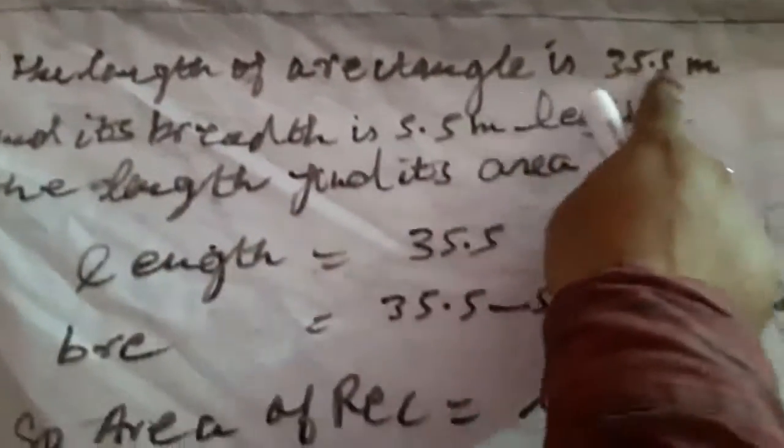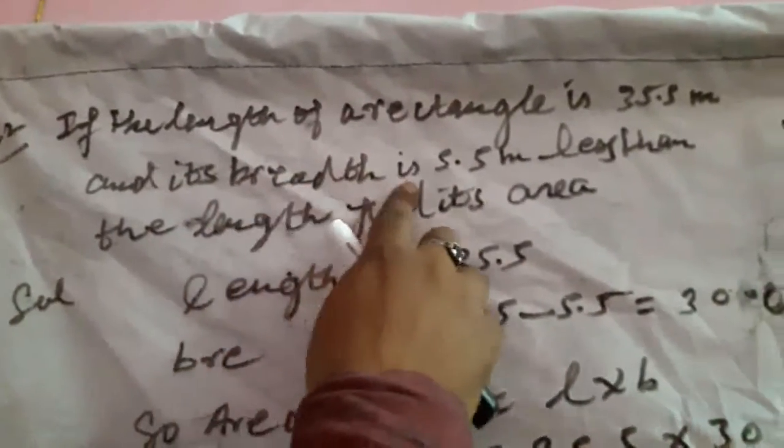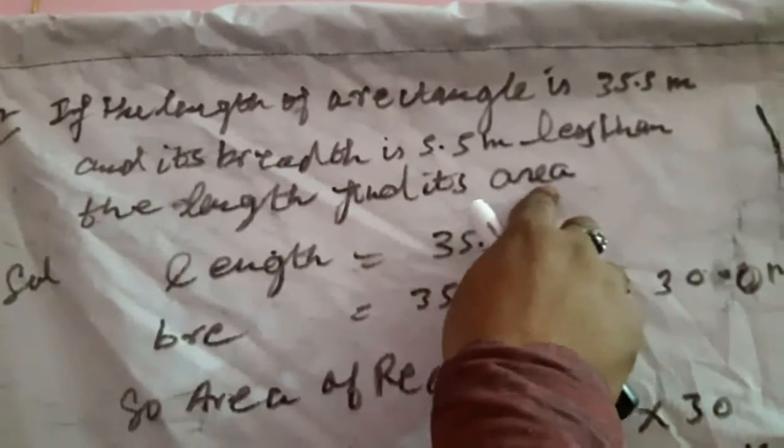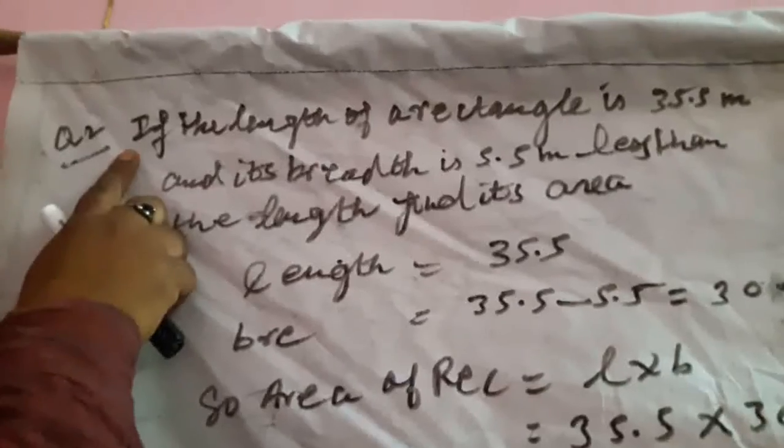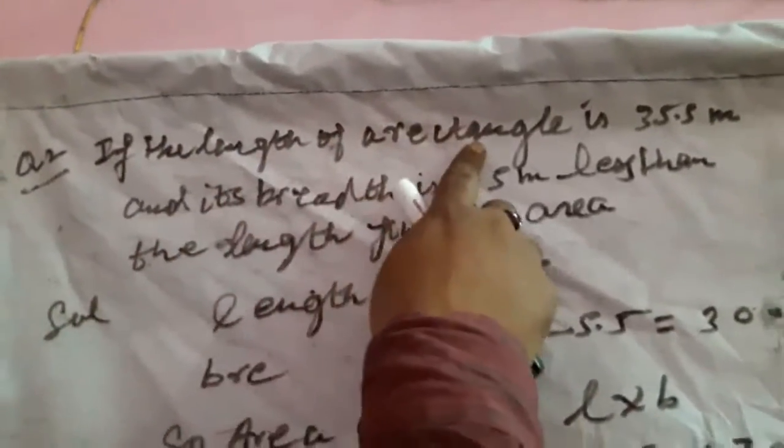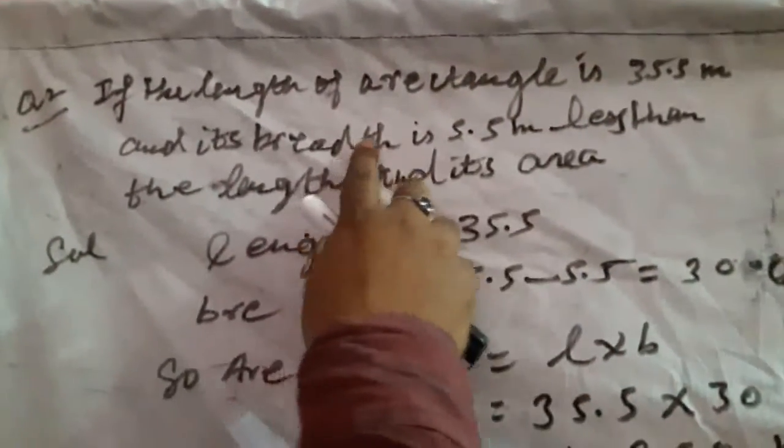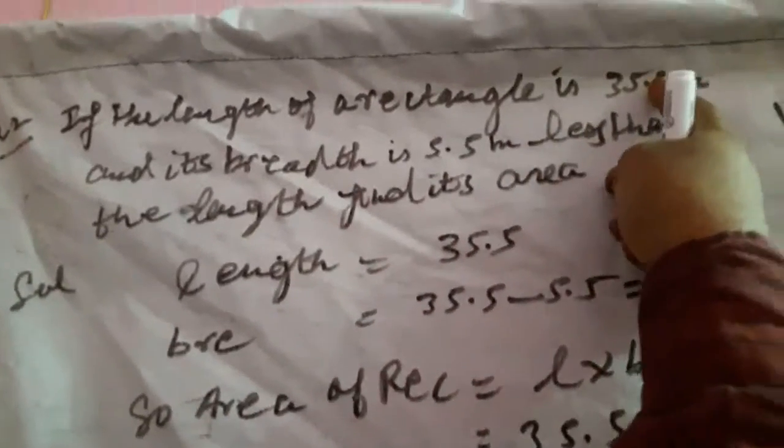Now come to question number 2. If the length of a rectangle is 35.5 meter and its breadth is 5.5 meter less than the length, find its area. Read the question very carefully. Length of the rectangle is this, and breadth is 5.5 meter less than length.